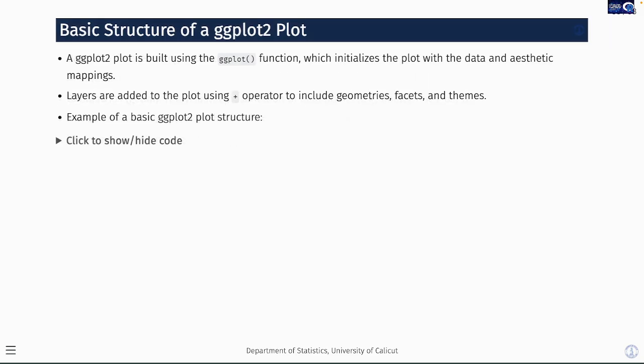The basic structure of ggplot2 is, first, we use the function ggplot, which initializes the plot with the data and aesthetic mapping. Then we add the layers using a plus operator. Here we won't use the pipe operator; we use a plus operator.